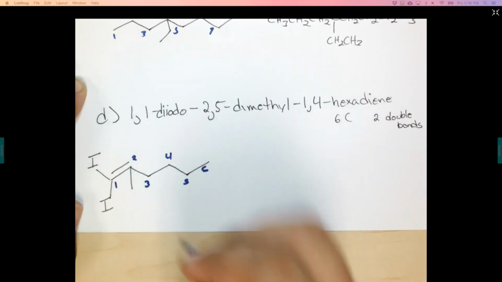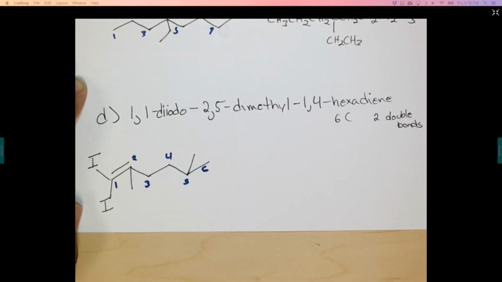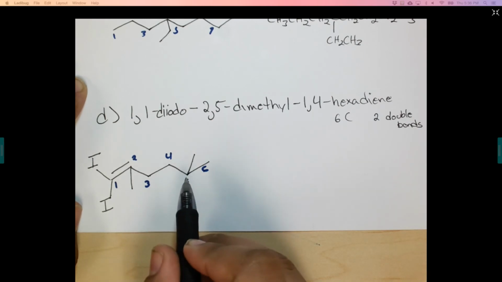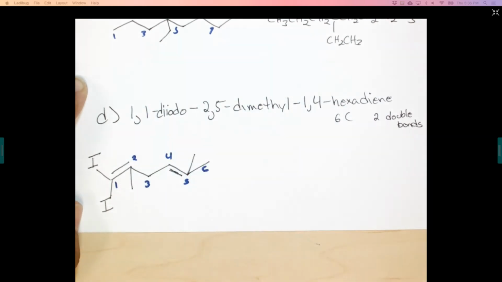So at 2, we got a methyl group, and at 5, we got a methyl group. And at 4, there's that other double bond. So we have handled everything that we were looking for.